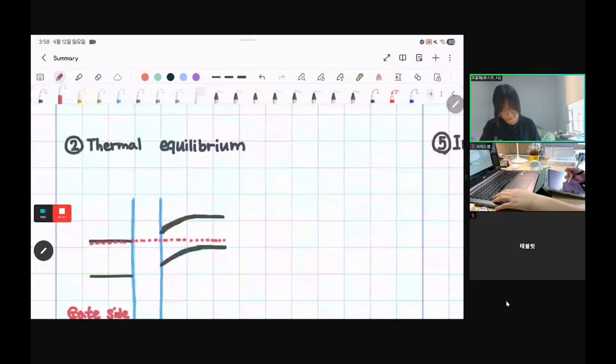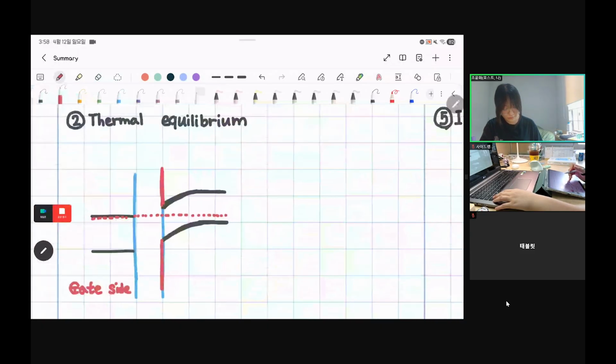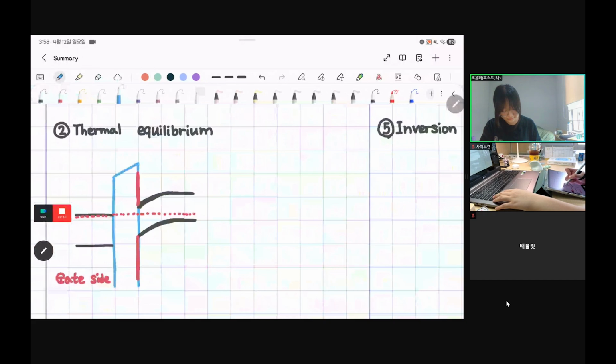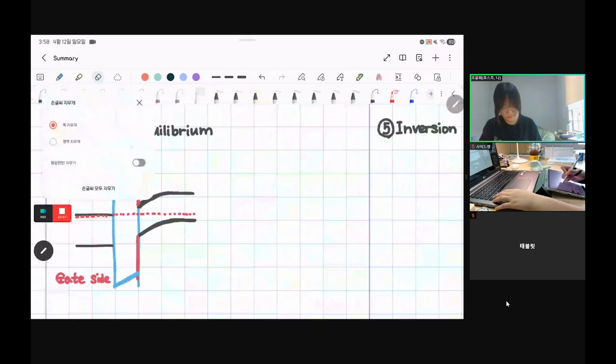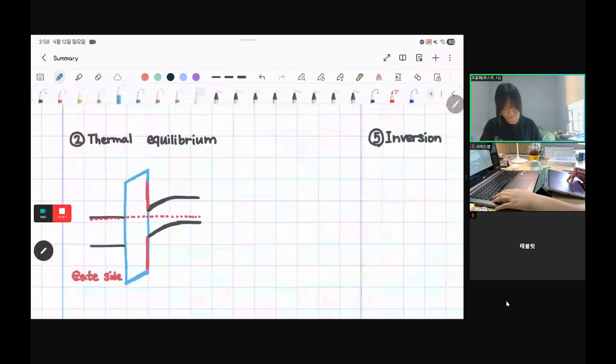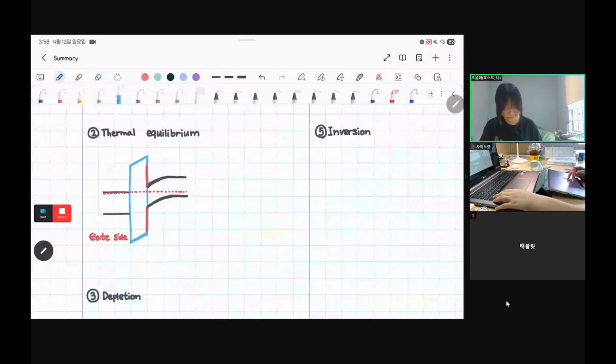So they also keep their offset. So the dioxide goes up and bends like this. So it's a thermal equilibrium band diagram state.